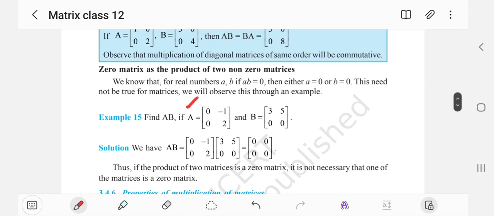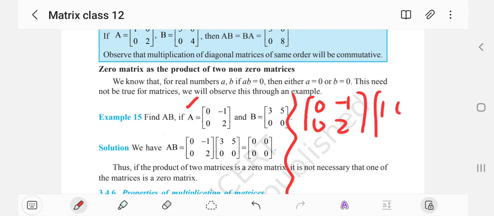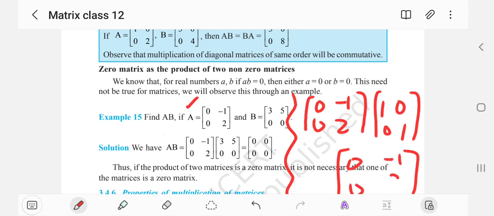Let me create some space. If I multiply this A matrix with this matrix, what will I get? If you multiply with the same procedure, you will get here 0, here -1, 0 and 2. This is nothing but this A matrix, right?